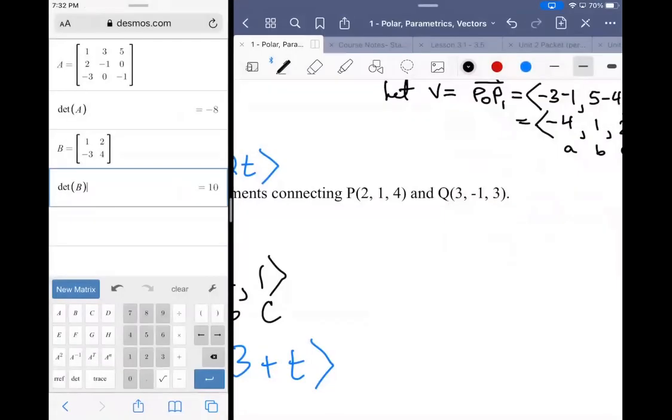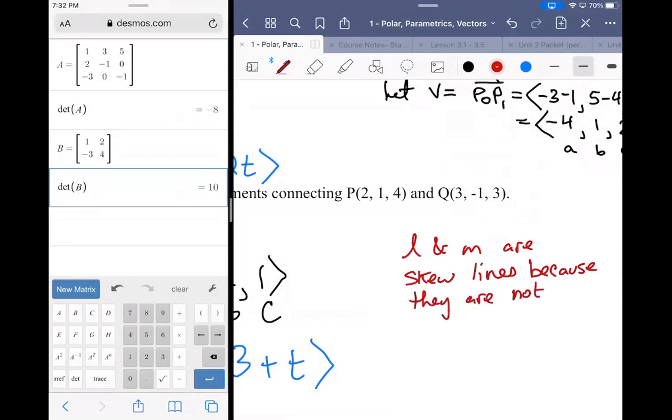Oh, all right, so L and M are skew lines because they are not parallel, but they do not intersect.